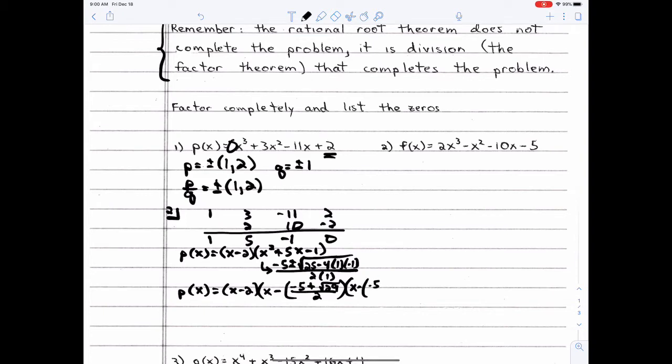I'm going to run out of space here, so I'll write it a little over to the left. P of x equals x minus 2 times x minus the first thing from the quadratic formula, and x minus the second thing from the quadratic formula.